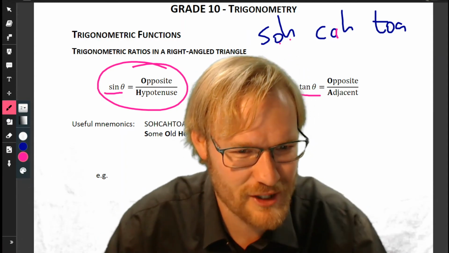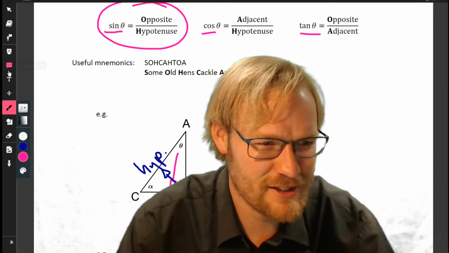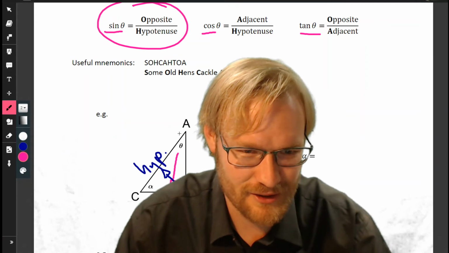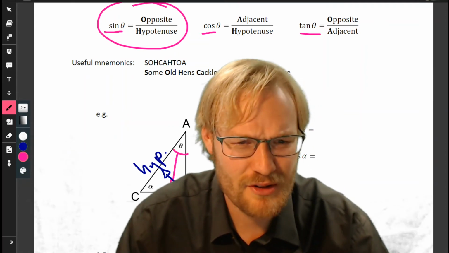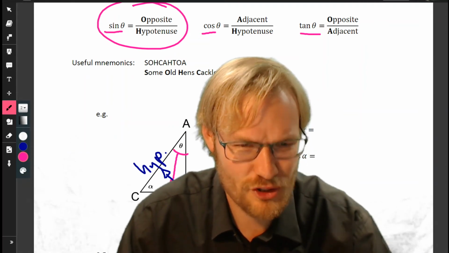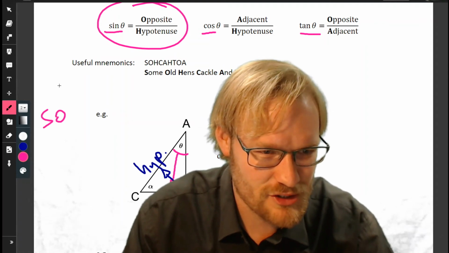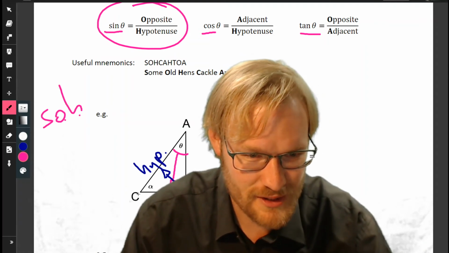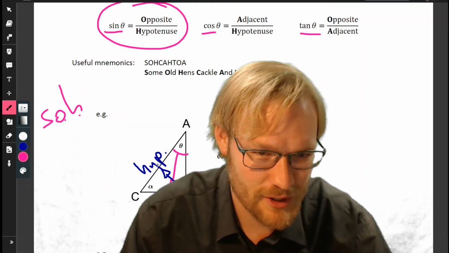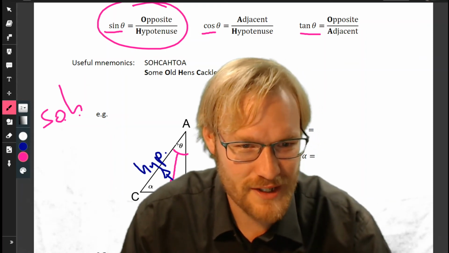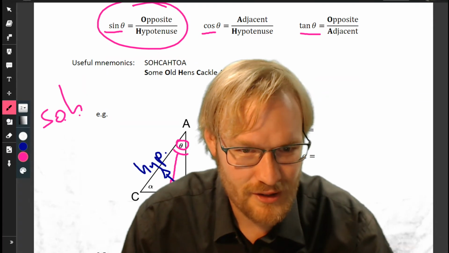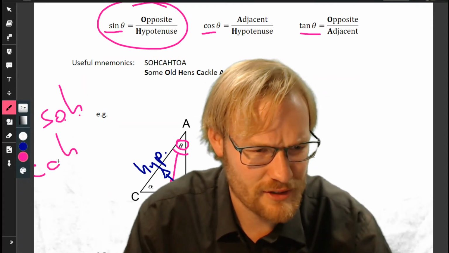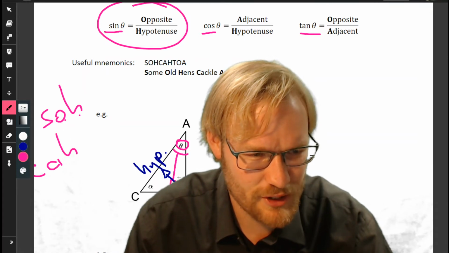So let's jump back into our triangle and see how that relates to it. So I have theta. Theta's our angle, our reference angle here. So sine of theta: sine is opposite over hypotenuse, so it's opposite BC over the hypotenuse AC. Cos of theta: cos is adjacent over hypotenuse.